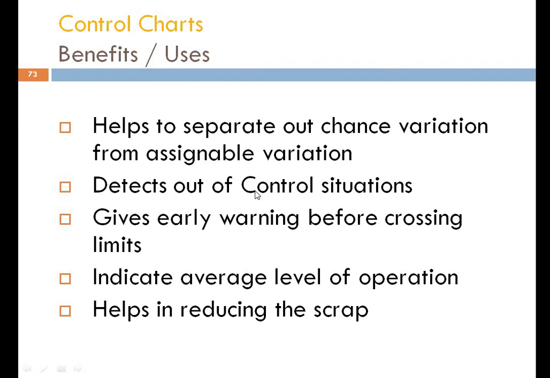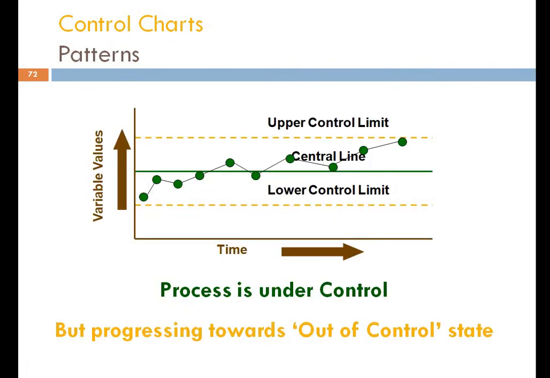Second one is detects out of control situation, जो भी हमारा second example था, जहाँ out of control situation that we have seen. So it helps us to find out that we are in out of control situation. We need to go for the corrective measures. And third point talks about gives early warning before crossing the limit. It is just an example that this particular diagram, this particular image is reflecting.